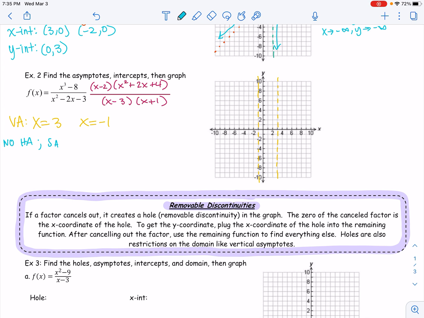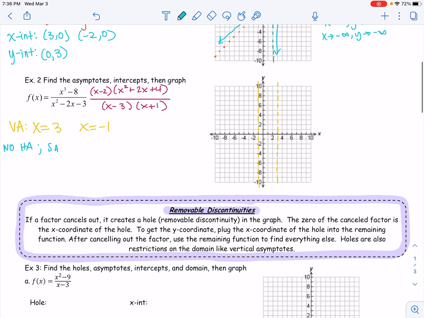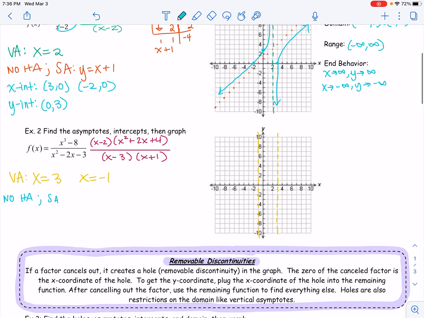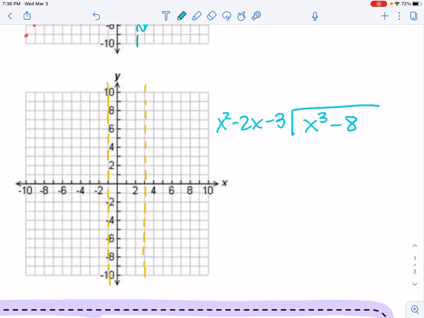Okay, what I would do is I would go back to the original function and use long division because you cannot use synthetic here. So this is going to take up a lot of space. So let me go over here, even though you should know how to do this. We have x squared minus 2x minus 3 being divided into x cubed minus 8.